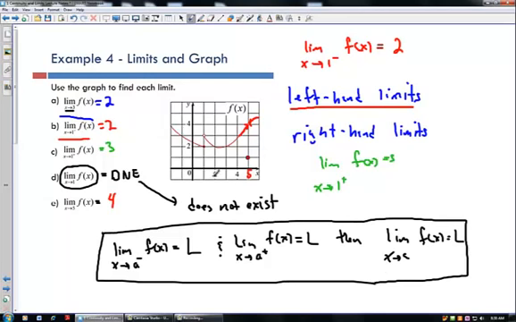I'm basically looking for the left and the right, and if those two limits agree, then I know that's the limit. If the two limits do not agree, then I know there is no limit there, that the limit does not exist.